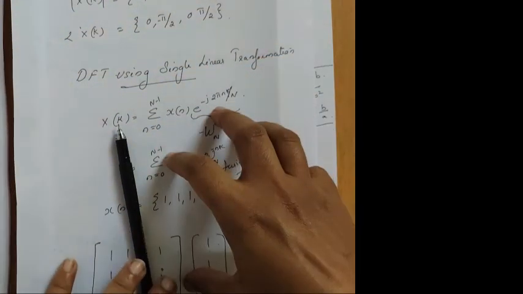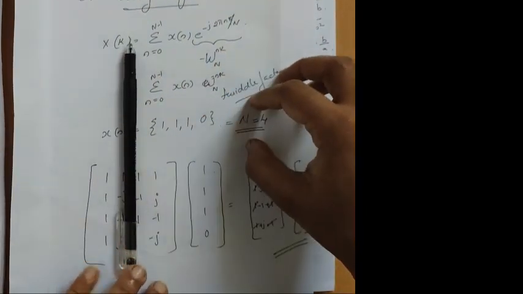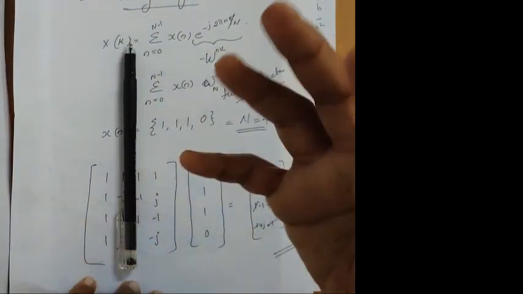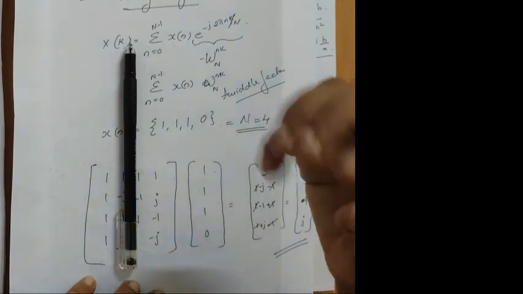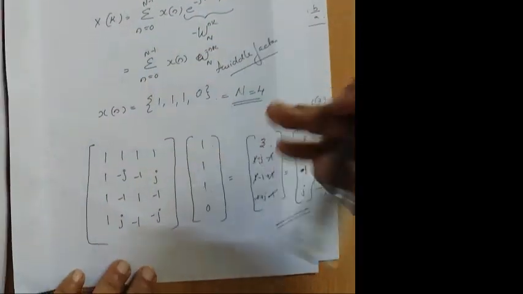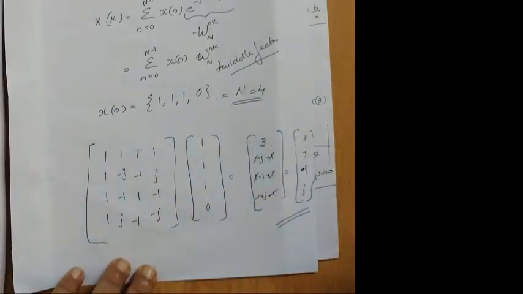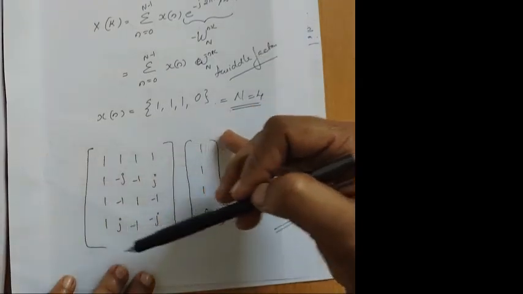So this is also important, how you can do it using a single linear transformation. Sometimes the question will ask us to perform the DFT using a single DFT or using linear transformation. So don't get confused, both are the same. This is the pattern that you are using, this twiddle factor.